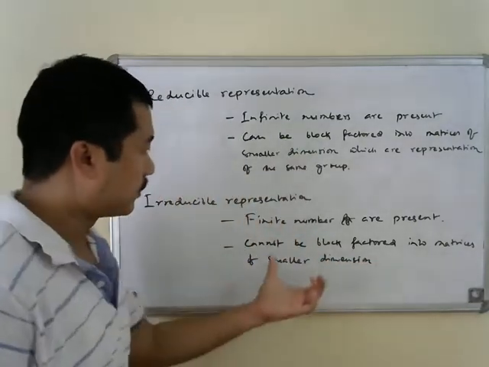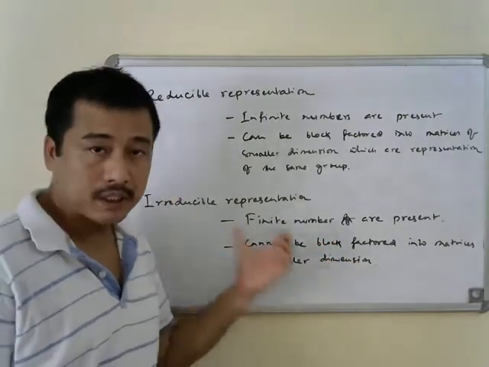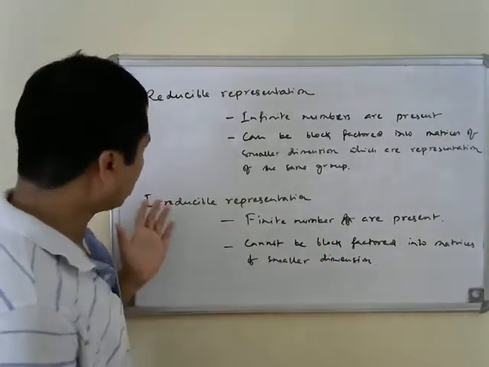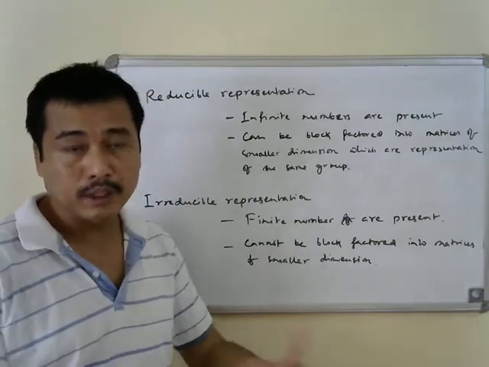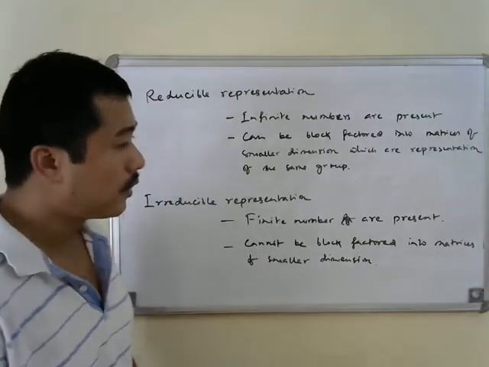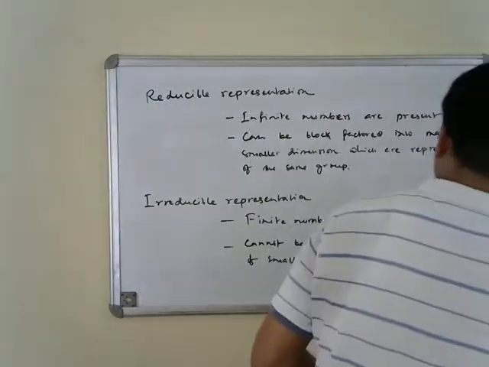So we will fail to find a similarity transformation that will transform these representations into matrices which can essentially be block factored. So that is why they are called irreducible representation.